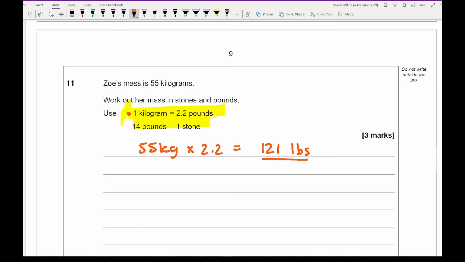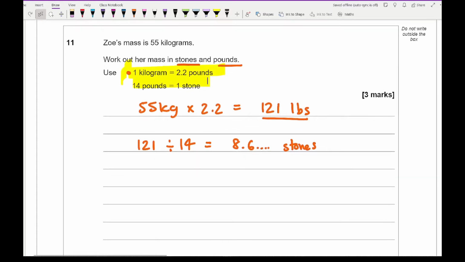The next thing we need to do is work out what it is in stone. So if I do 121 divided by 14, that's going to give me an answer of 8.6 and so on, and that's going to be in stones. Now the problem is that we want our answer in both stones and pounds. A little trick you can do, as this is a calculator paper, is to load up my calculator.